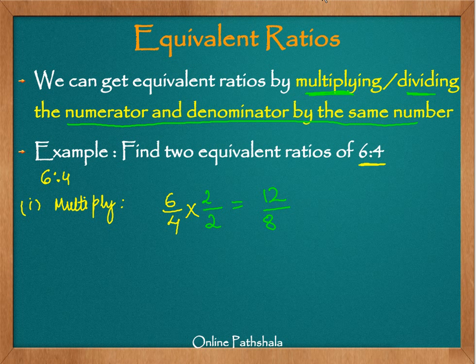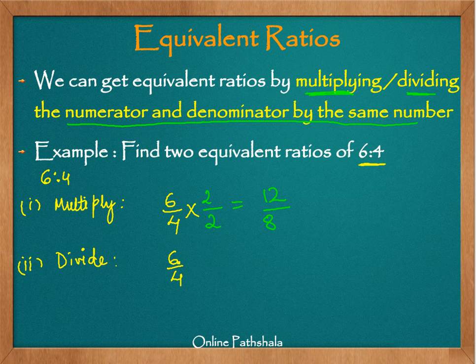So this is another ratio which I have got. And the second ratio we will find using the division method. Of course, it depends on whether you can divide or not. It depends on the number. So let's say that we have 6 by 4 in this case, and I want to divide by a number such that I end up with another ratio.